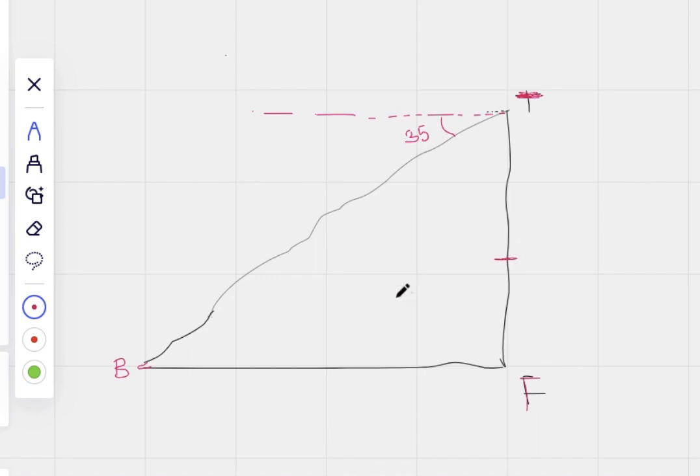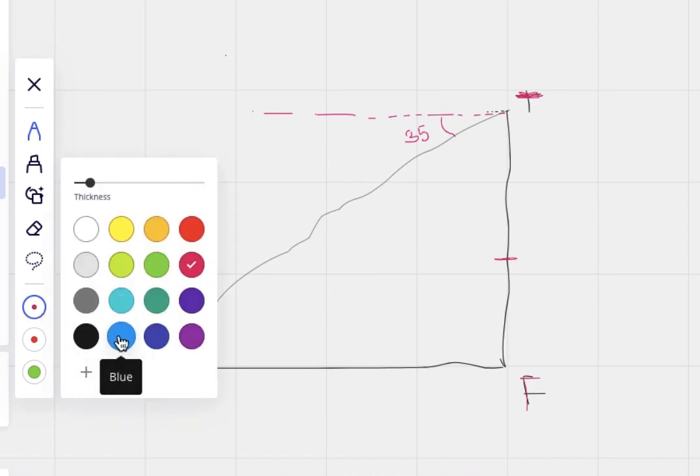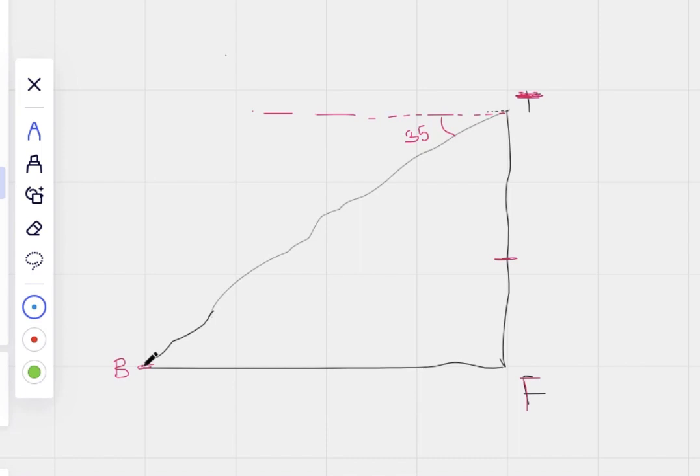From the boat to the flag marker, there is an angle of elevation, which we can show with a different color.